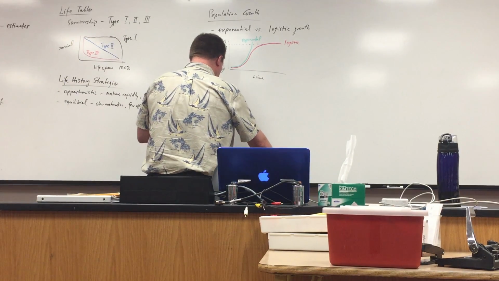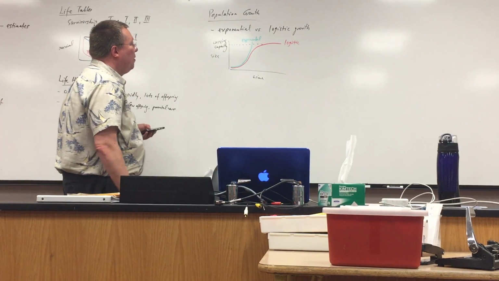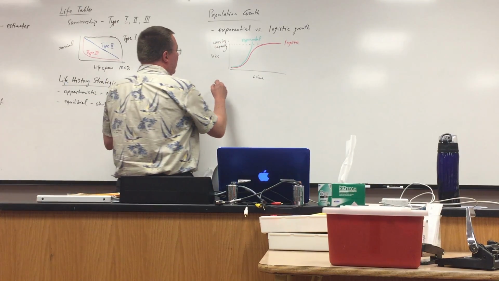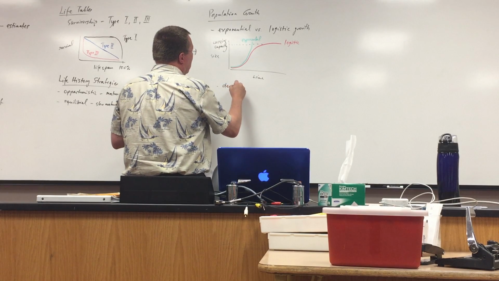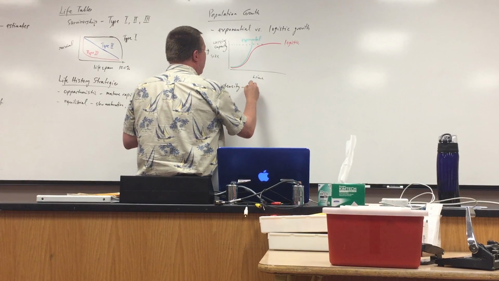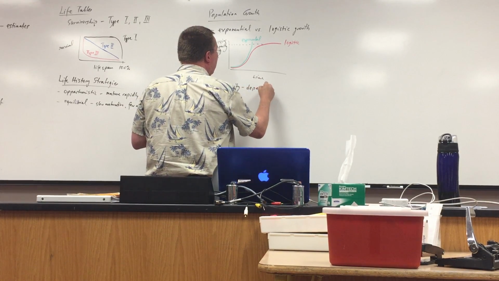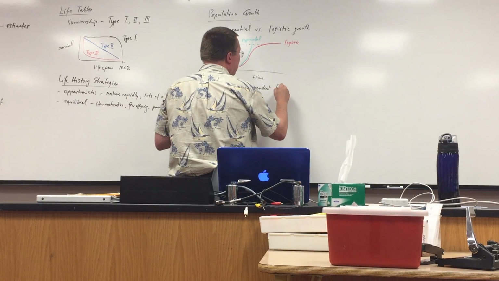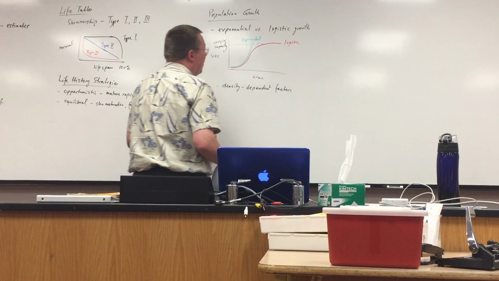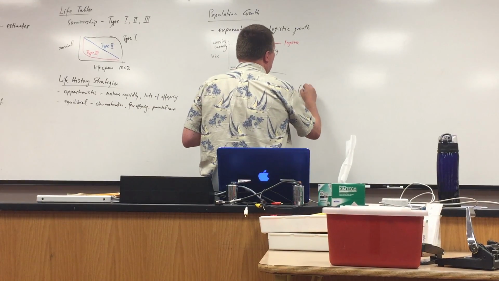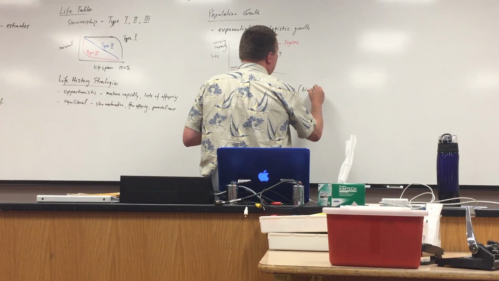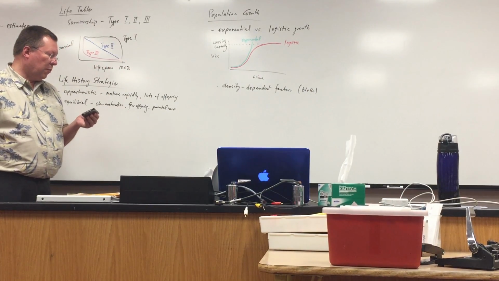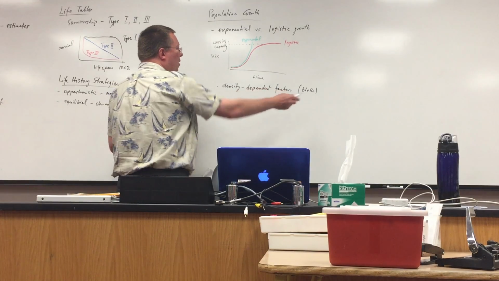Now, there are some key factors that limit the population growth. So some of these include density. So there's something called density-dependent factors that limit population growth. Density-dependent, those are always biotic because they depend on other organisms in your group. Now, what are these?